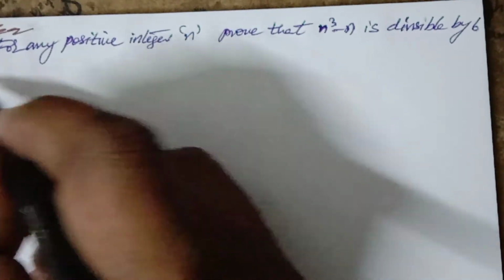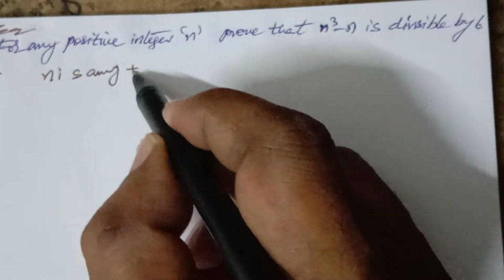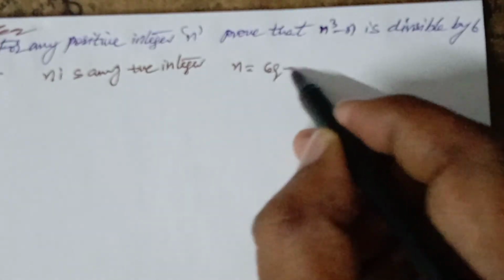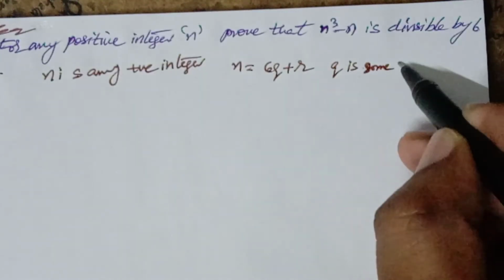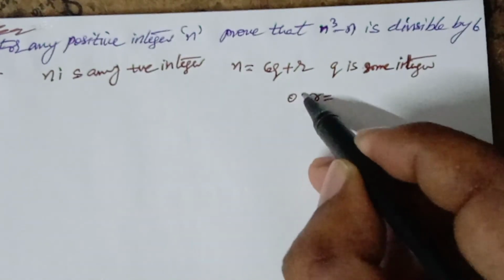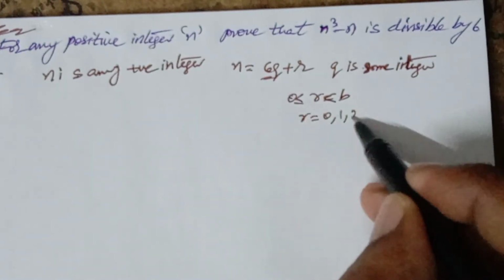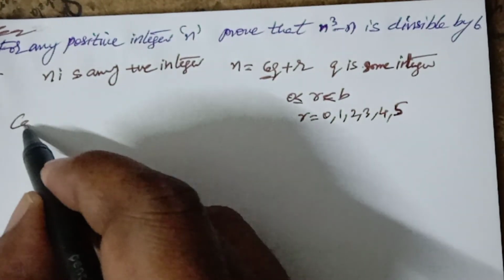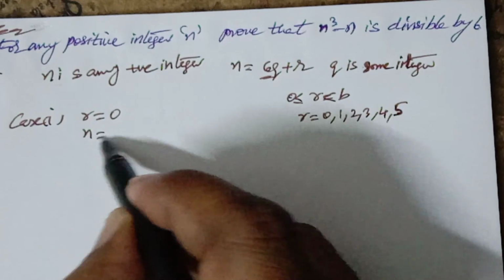So here let n be any positive integer. n will be 6q plus r, q is some integer. r is from 0 up to less than b, and b value is 6, so r is 0, 1, 2, 3, 4, 5. So here we will take cases. First case, r is equal to 0. n will be 6q.